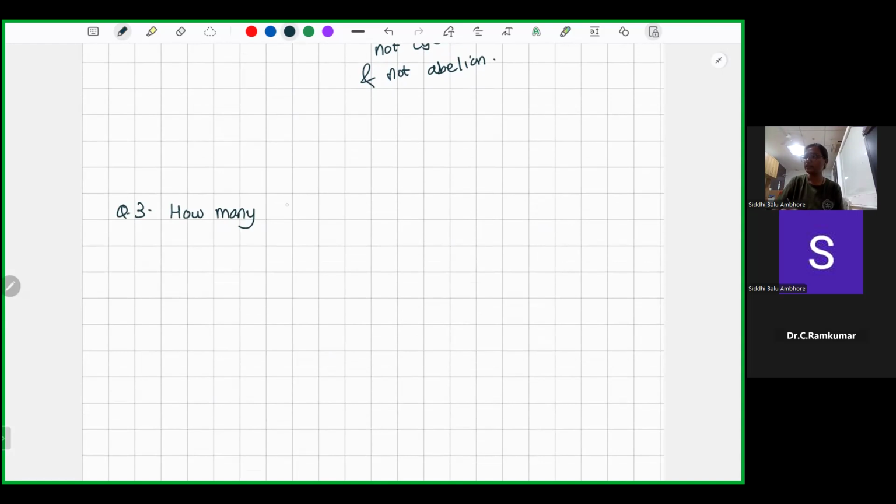How many Sylow 5 subgroups does the group A5 have?